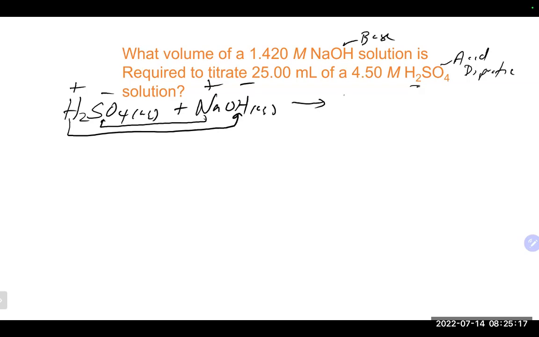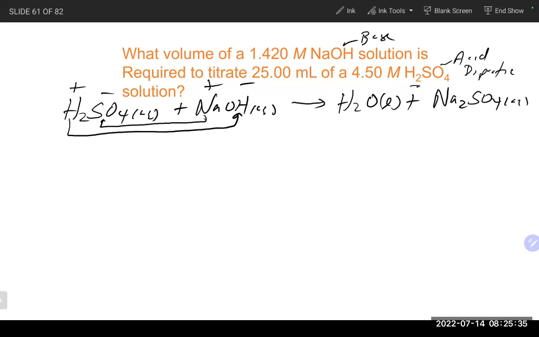So that will give us water, obviously, and that will give us some sodium sulfate, which is this guy here. Once again, the sodium +1, sulfate -2. Again, important, the sulfate being -2, like we talked about in our diprotic there.